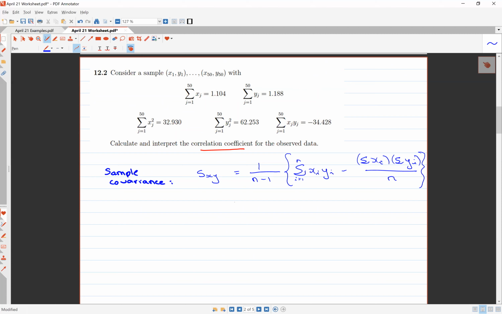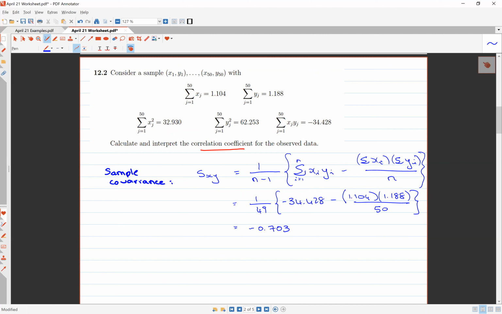So all of these quantities have already been calculated. This will be 1 over 49. Sum of the XY pair products is negative 34.428. Sum of the X's is 1.104. Sum of the Y's is 1.188. And so if you just punch all of this into your calculator, your sample covariance is negative 0.703.